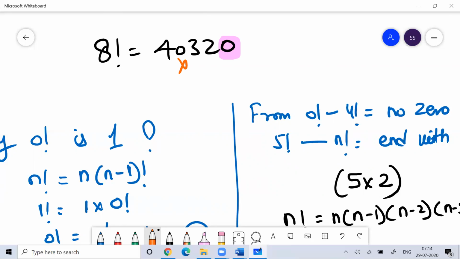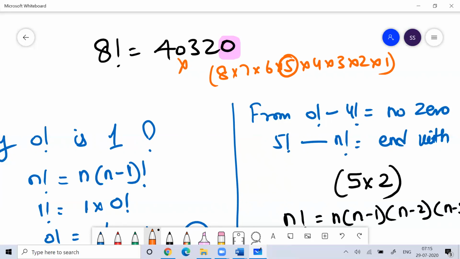It's how many times you multiply by 5. 8 factorial is 8 into 7 into 6 into 5 into 4 into 3 into 2 into 1. So how many zeros are there? 1 zero, because there's only one 5 which can multiply with any number of 2s. It doesn't matter how many 2s there are; what matters is how many 5s there are.